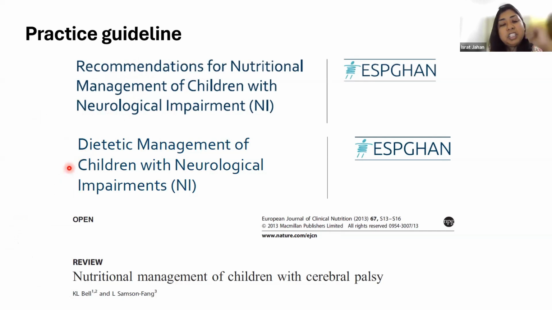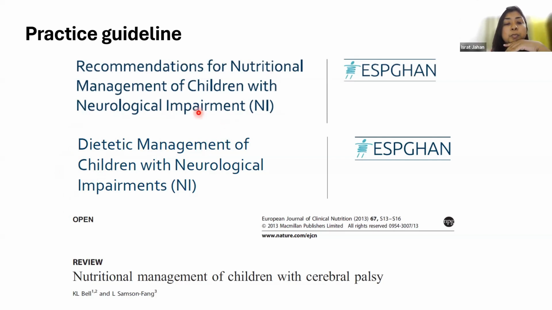They talk about neurological impairment, but they talk about CP a lot as well. Then there is this guideline, the dietary management of children with neurological impairments. They go into a bit more depth and talk about the requirements and modifications, which formula to use, how to select formula for formula feeding, and all this stuff.